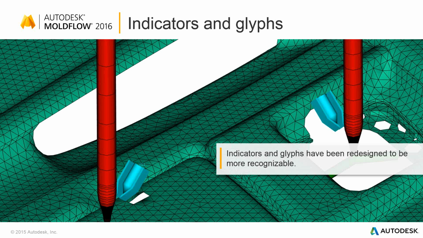In this release, we'll actually display an icon or a glyph that highlights the fact that there's a valve gate associated with this particular gate. We'll also color the gate itself in a teal color, and you can also switch on the valve gate controller name. So if you were to name your valve gate controller 1, 2, 3, or 4, because that's the sequence in which they would open, it would actually display it that way. So it's much easier for you to understand what's going on in the model and make sure that the model is set up correctly before you run it.